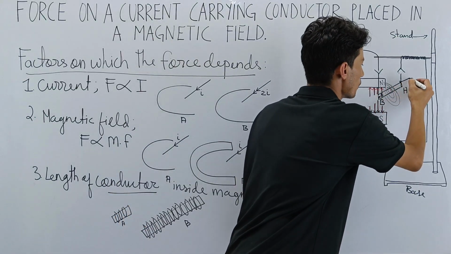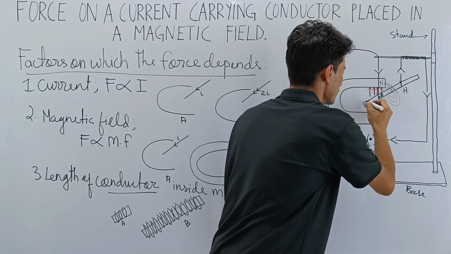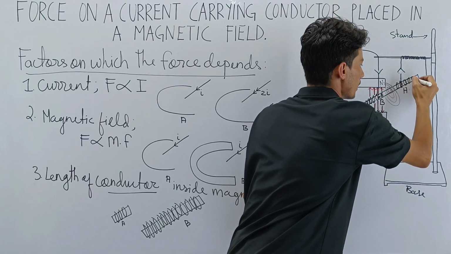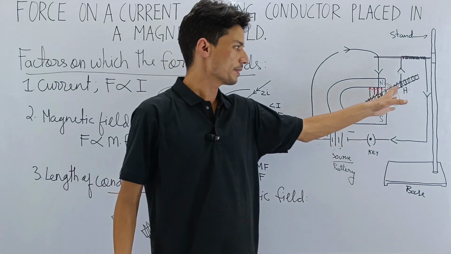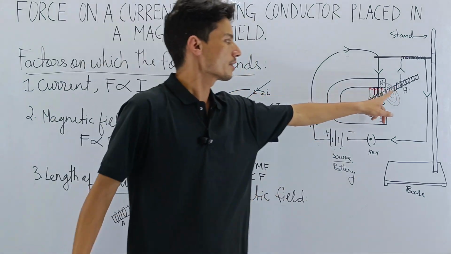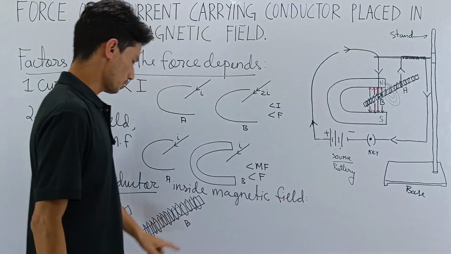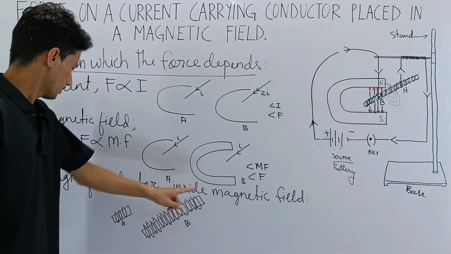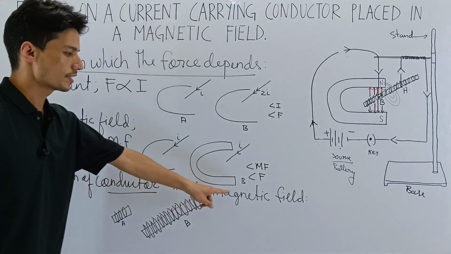But if we go for a longer conductor, then the magnetic field along the conductor will also be more. So basically, what will happen? The force experienced by the conductor will be tremendously high. Understood? So the force is directly proportional to the length of the conductor inside the magnetic field.